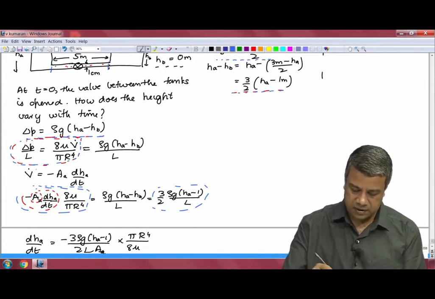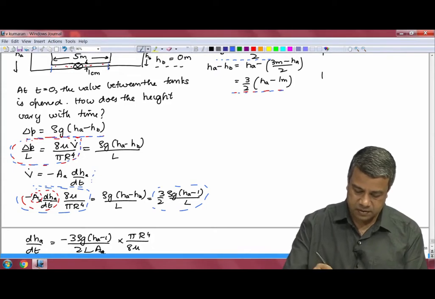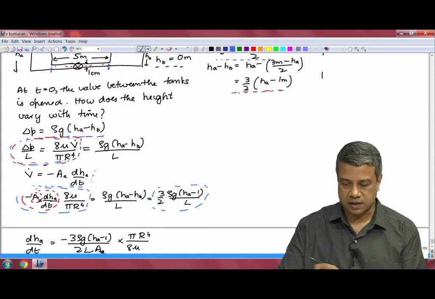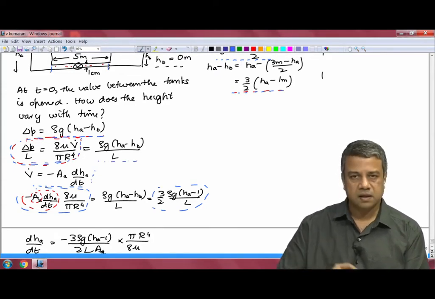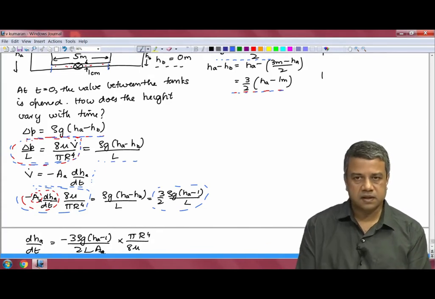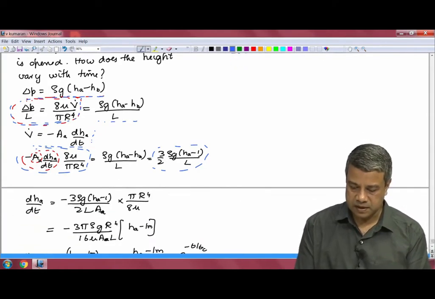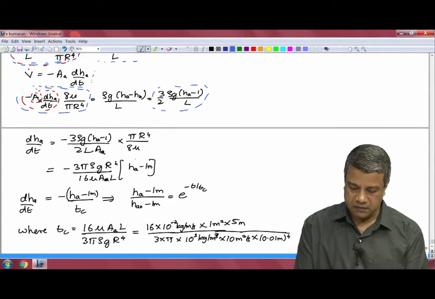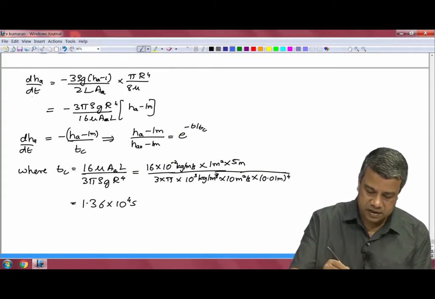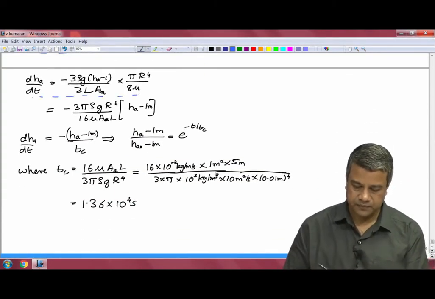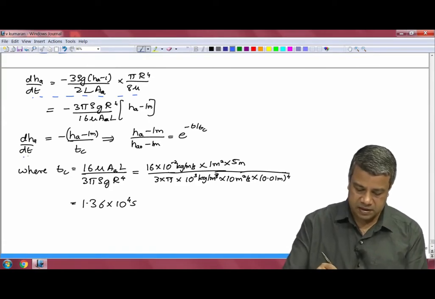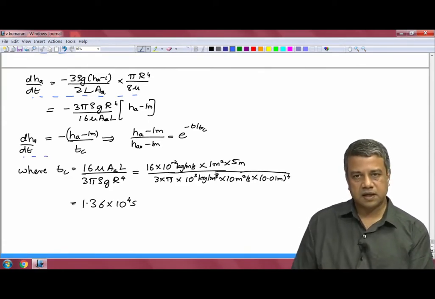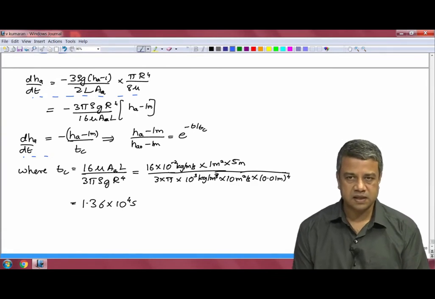So, we had basically equated this expression for V dot, which was substituted into the equation of the pressure gradient and related to the difference in the pressures on both sides divided by the length. And from that, we got a relation for dHA by dt, which can be expressed as the difference in height from the final steady state height.